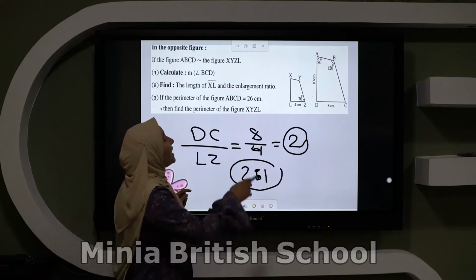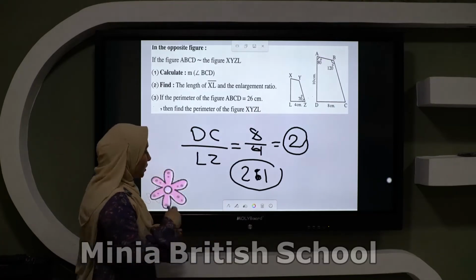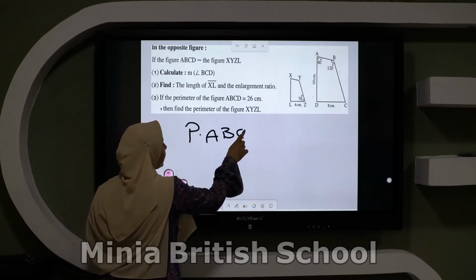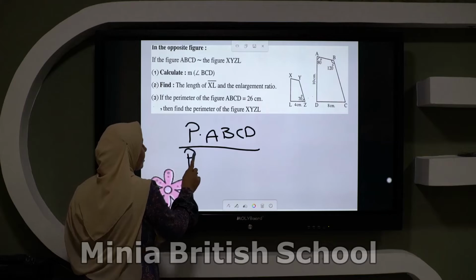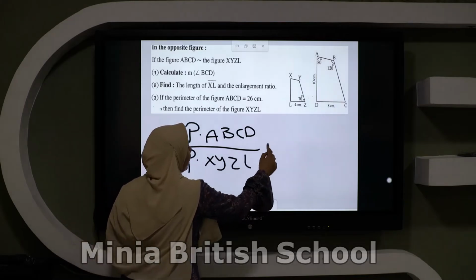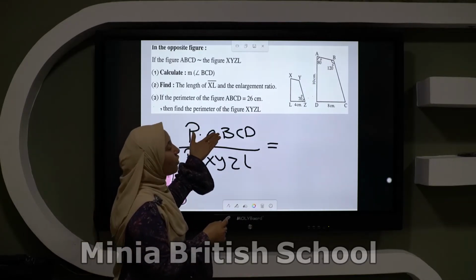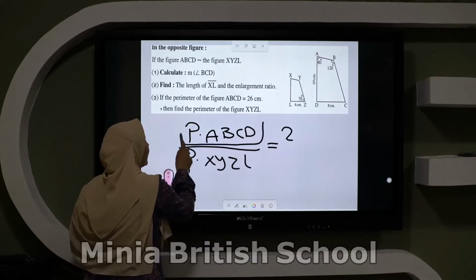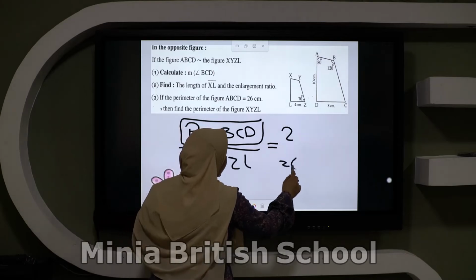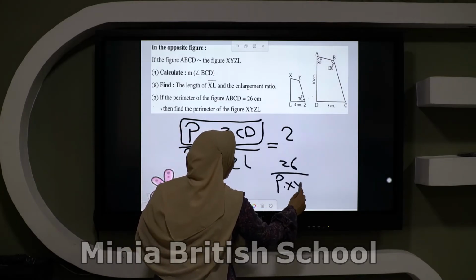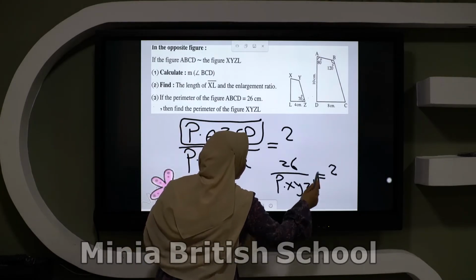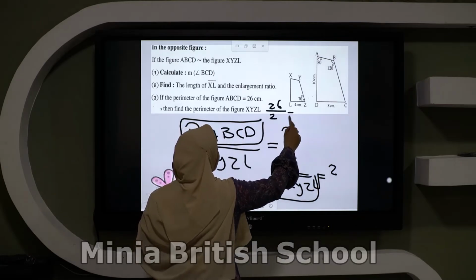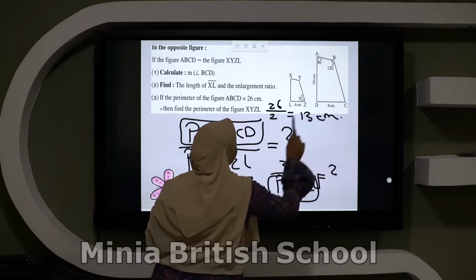The perimeter of ABCD equals 26 centimeter. So the perimeter of ABCD over the perimeter of XYZL equals the enlargement ratio, 2. So 26 over the perimeter of figure XYZL equals 2. Then the perimeter of this figure equals 26 over 2, equals 13 centimeter, okay.